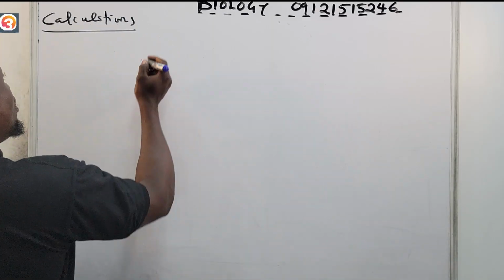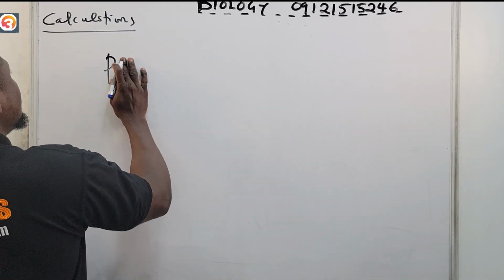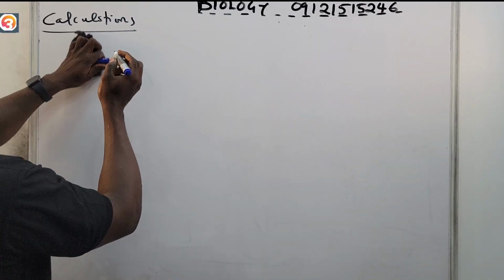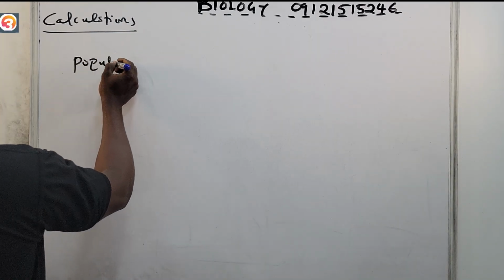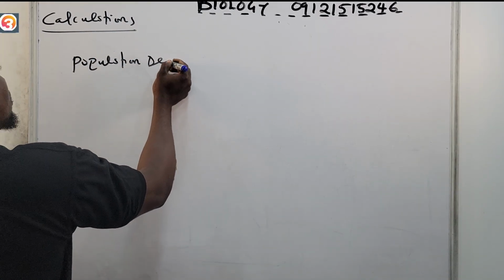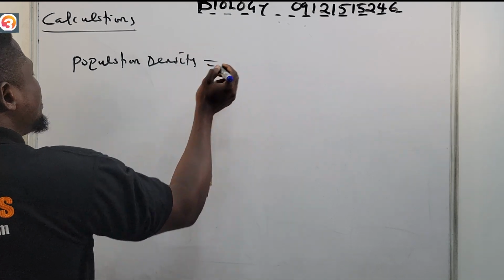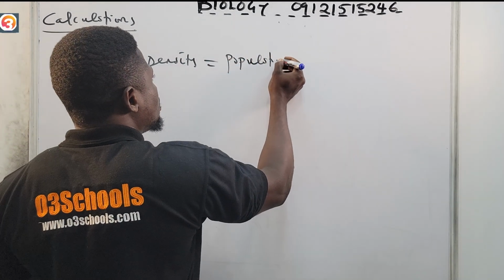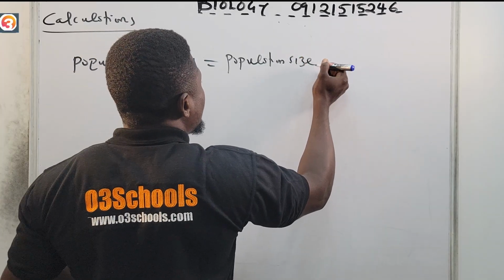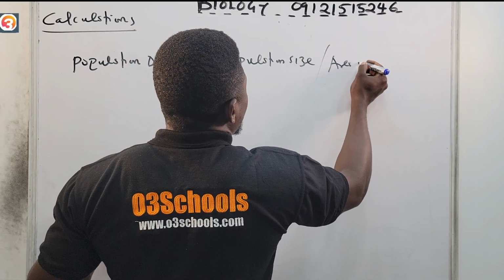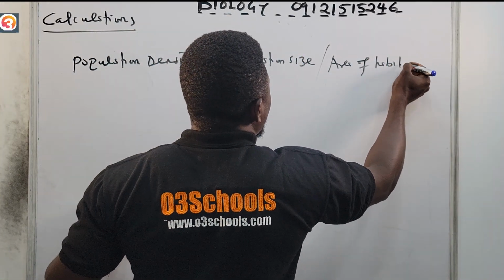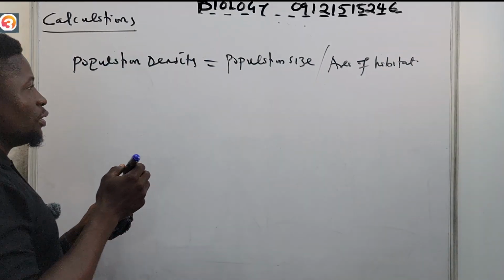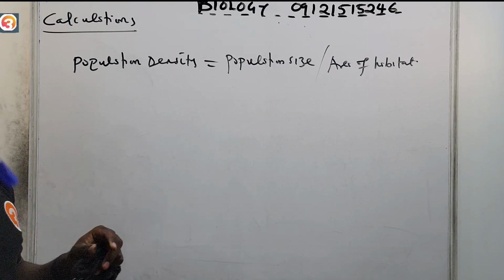So number 1, we'll talk about population density. Population density is population size over area of habitat.